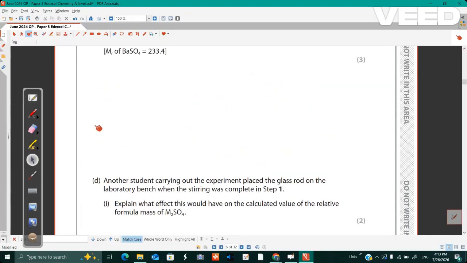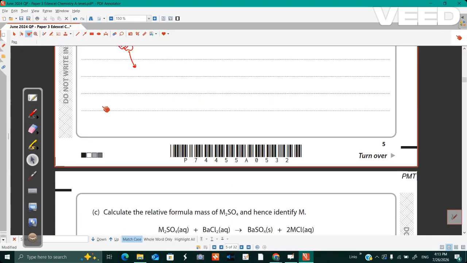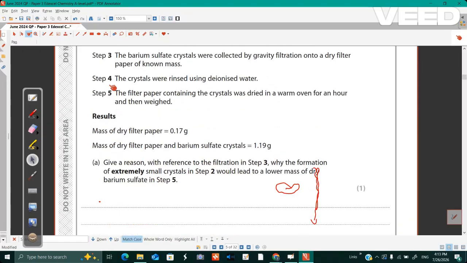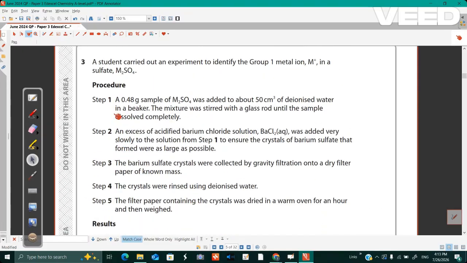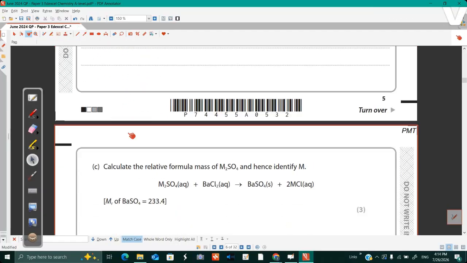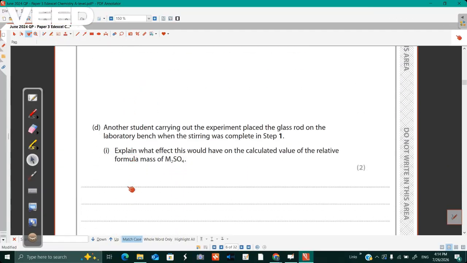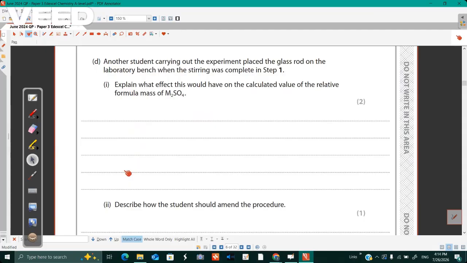So when she's stirring, what happens? She has kept the rod on the table. So with the rod, she could have taken some ions away, right? That would have precipitated with it, right?